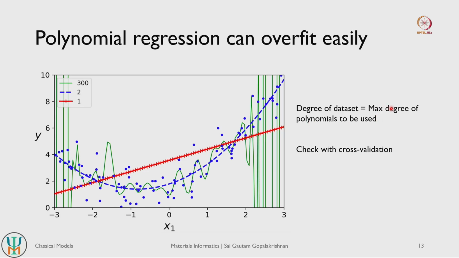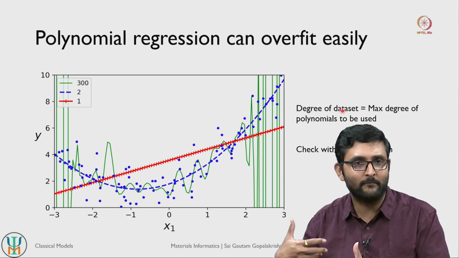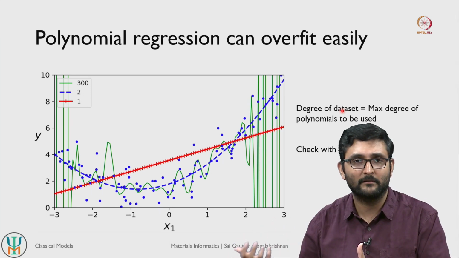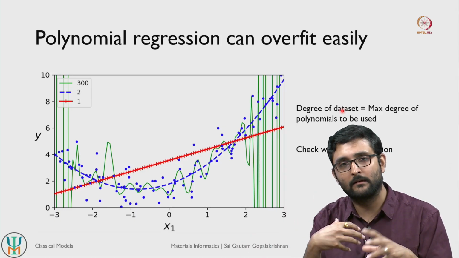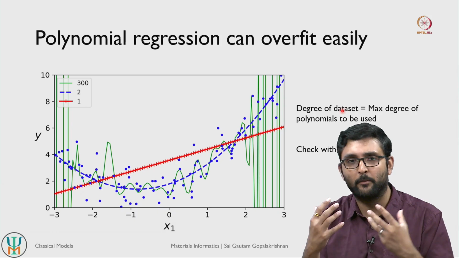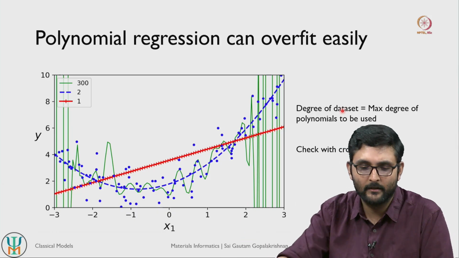So the maximum degree should be restricted to 2, same as or very similar to the degree of variation in your actual data set itself. In other words, if your data set is not varying more than cubically in nature, it does not matter whether you use a 10th degree polynomial, you are going to overfit. So it is important to visualize the data, understand how roughly the data is varying, and use a polynomial degree in accordance with that.